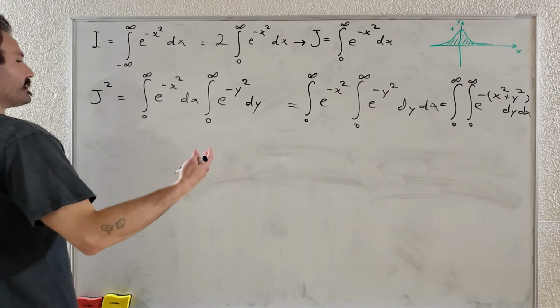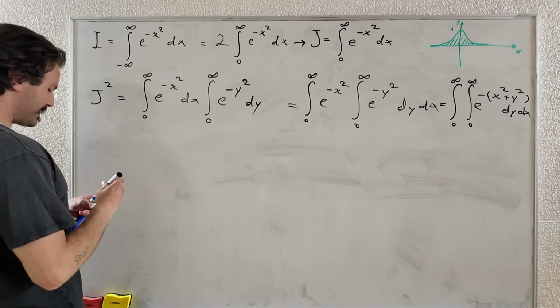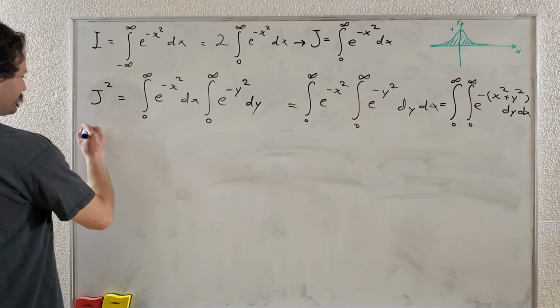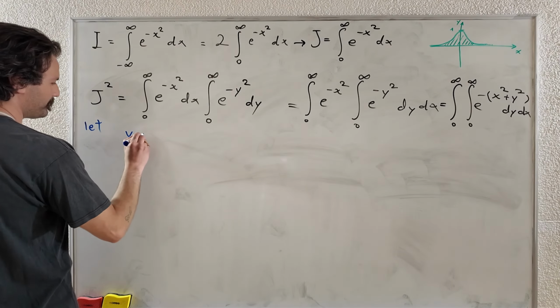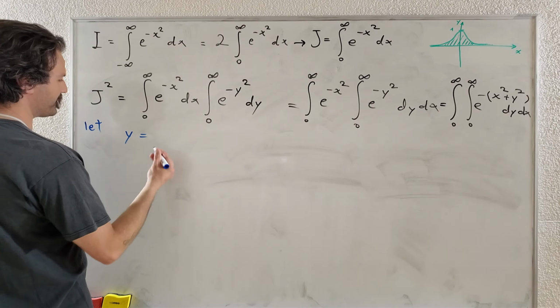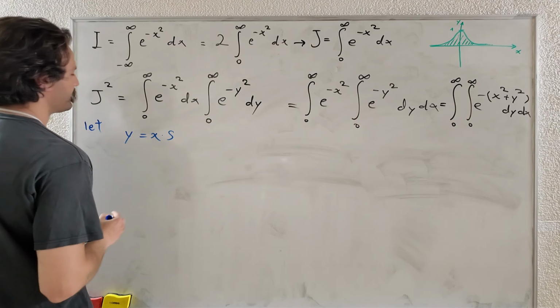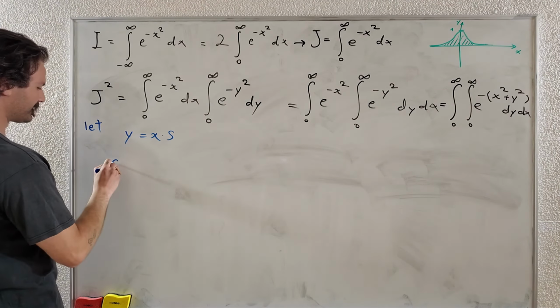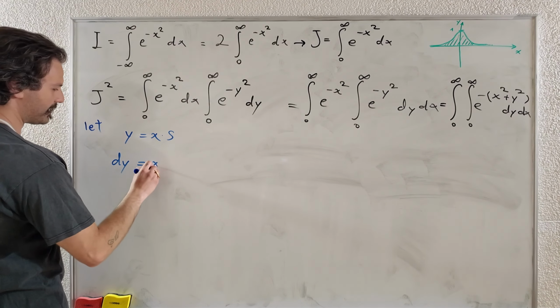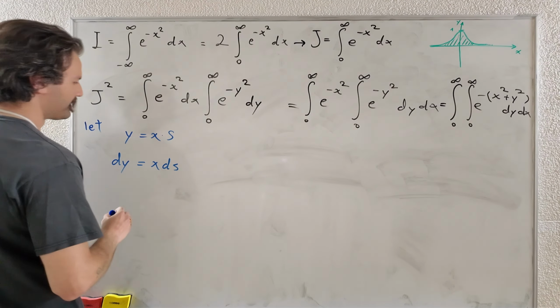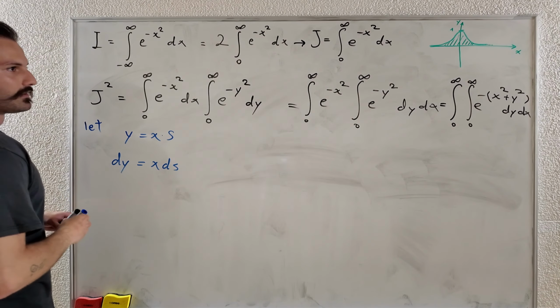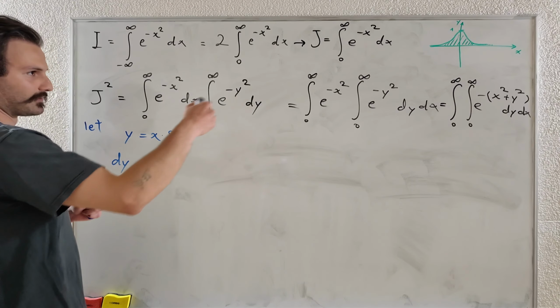So let's try to substitute y. Let y be, let's introduce a new variable that is s, but this has to be multiplied by x. Differentiating this gives us dy equals x times ds. Let's plug that into the double integral.